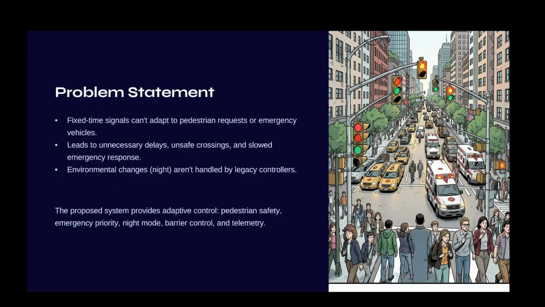The STM32 microcontroller continuously monitors different inputs and changes the traffic signals accordingly. The system also controls a servo barrier and sends live status updates through UART to a monitoring dashboard. Overall, this project demonstrates how embedded systems can improve traffic safety and efficiency.